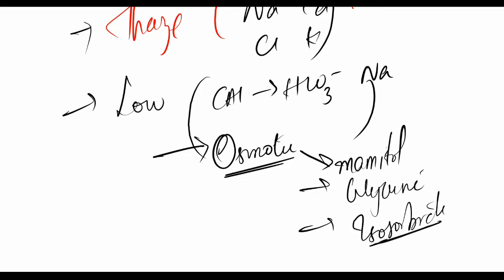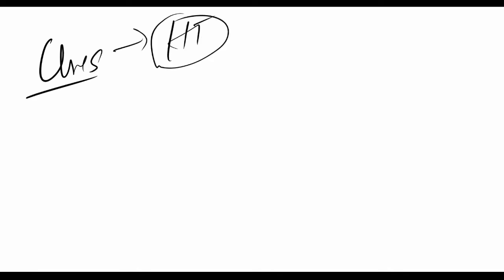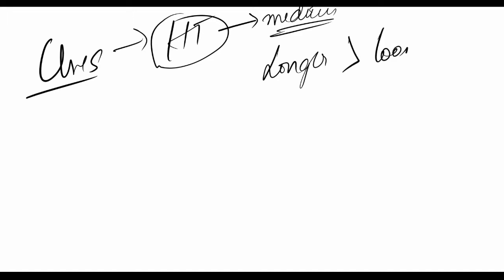Now we'll come to their clinical uses. Clinical uses of thiazide diuretics is mainly hypertension treatment. Because of their medium efficacy, they cannot be used in a hypertensive crisis, but they can still be used in prophylactic maintenance or control of hypertension, because they have longer duration of action than loop diuretics.